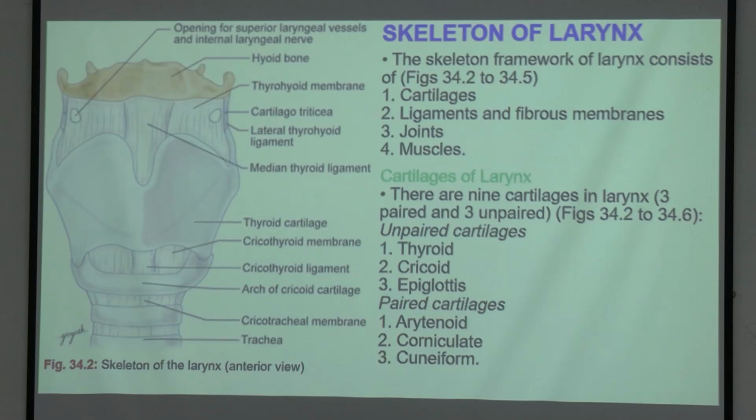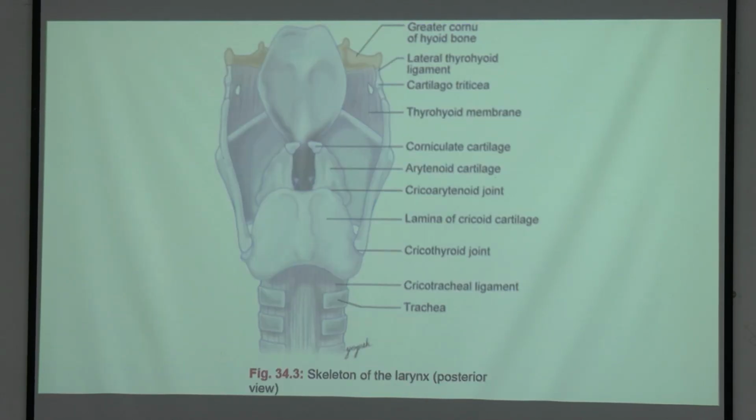Then we can get the cricoid cartilage with its anterior arch, which has got a posterior arch. Okay, and we can get the hyoid bone. This is the thyroid membrane, and in the next figure we can see this is the epiglottis.